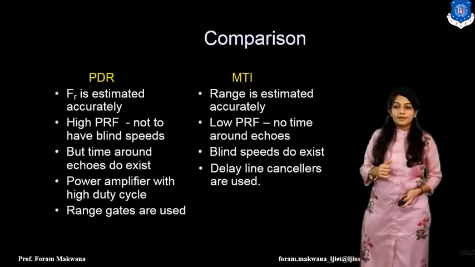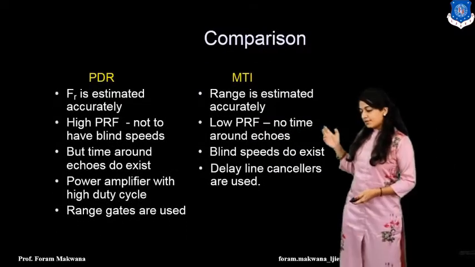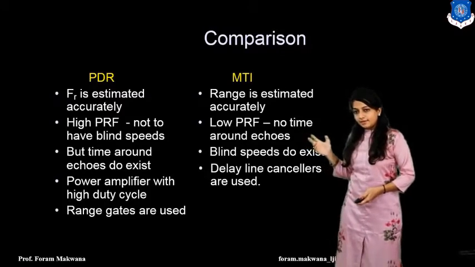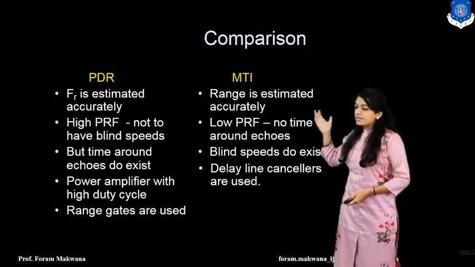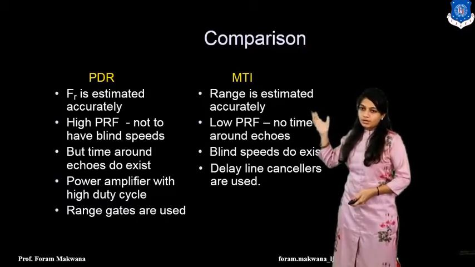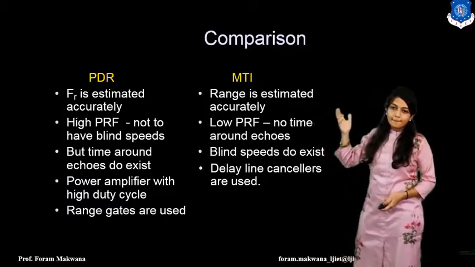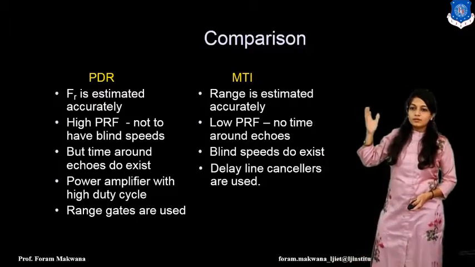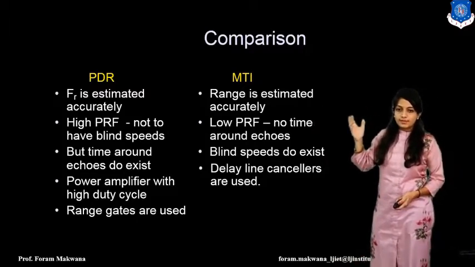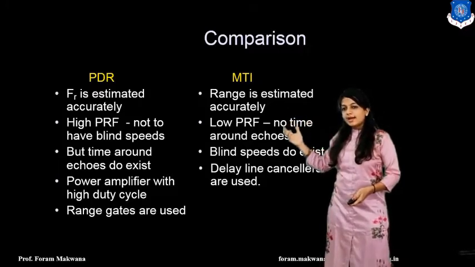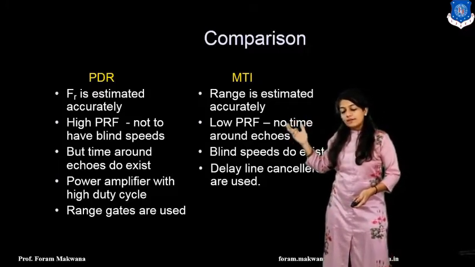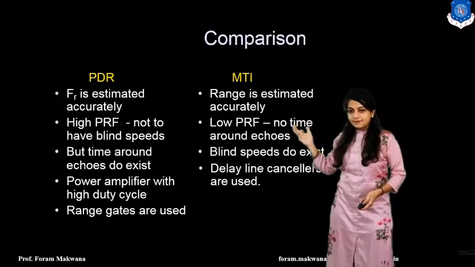Now we are going to compare the pulse Doppler radar with the AMTI. Over here, the range is estimated accurately. If you use a high PRF, it does not have any blind speed.